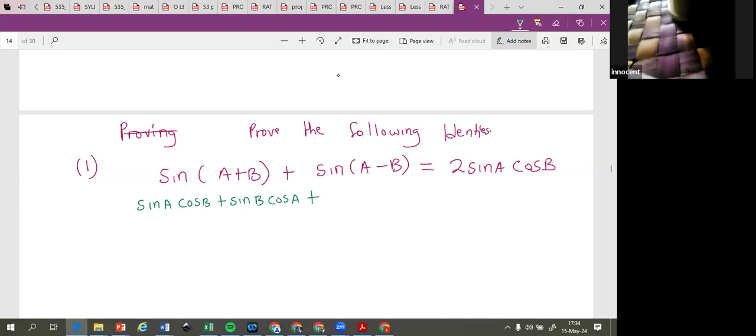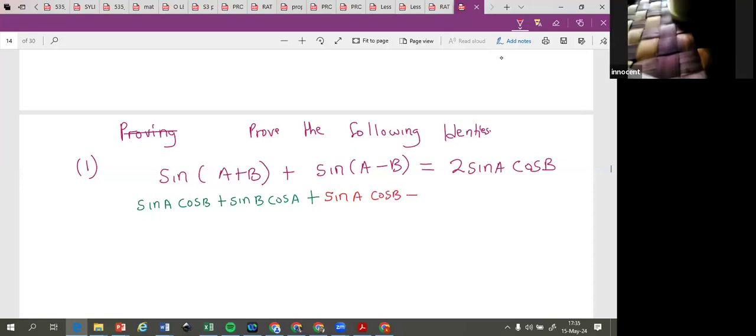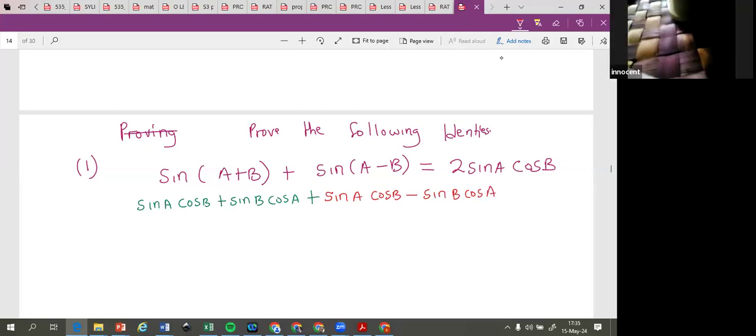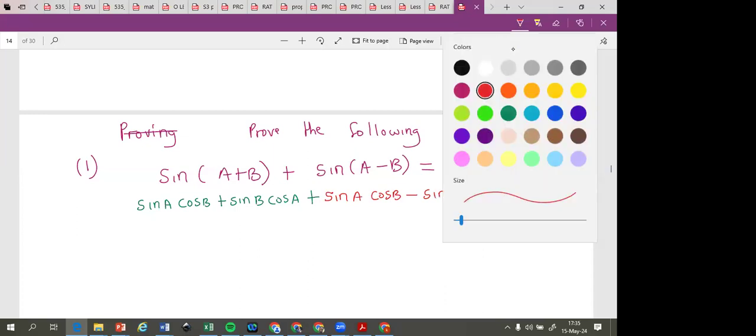Plus, we work out this one. What shall we have? Sine a cos b minus sine b cos a. Is that so? Yes.